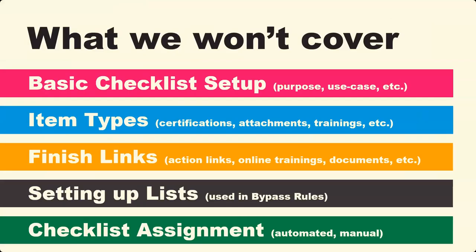I also won't be discussing how to set up IntelliList or standard list in VSys One for the purposes of the bypass rules. We'll get into that in a moment, but I also assume that you have some basic working knowledge on how to create lists in VSys. And then lastly, how your checklist is assigned to a profile. I won't be going over that.